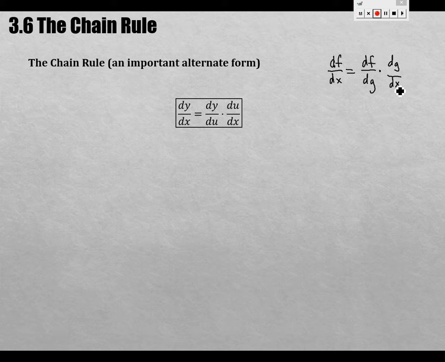And when you write it that way, you're almost like, oh, well, that kind of makes sense because I understand fractions. So another advantage to Leibniz notation. Now keep in mind that they don't work exactly like fractions, but we'll go with it. Okay. u is right now just playing the role of a dummy variable in the middle, right?